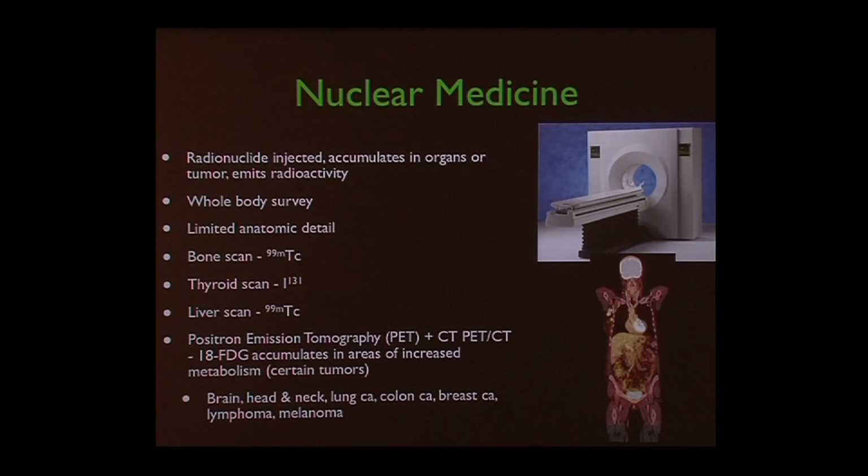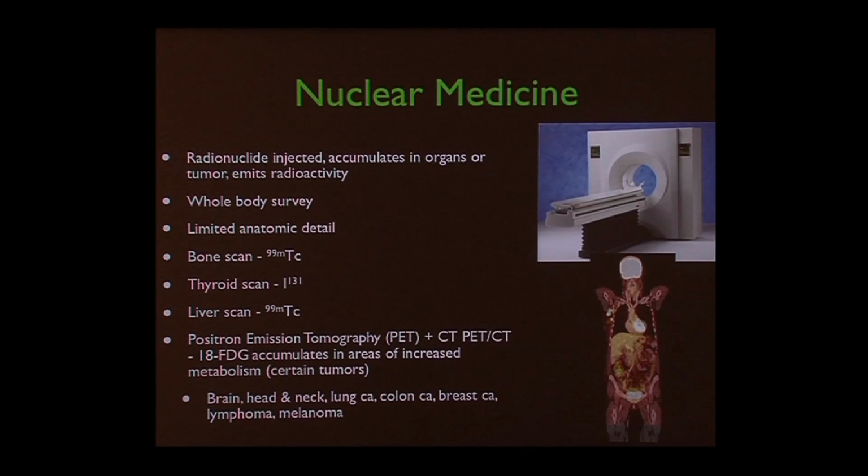Nuclear medicine, lots of exams, lots of radionuclides that can be injected that accumulate in various things like bone, or liver, or thyroid. Radioactive iodine would go to the thyroid. Technetium goes to bone and to liver. And the newest and most powerful, really, is the PET scan, the positron emission tomography.